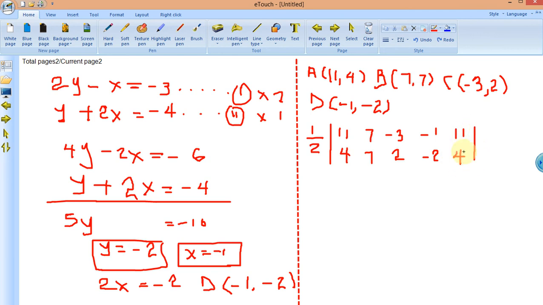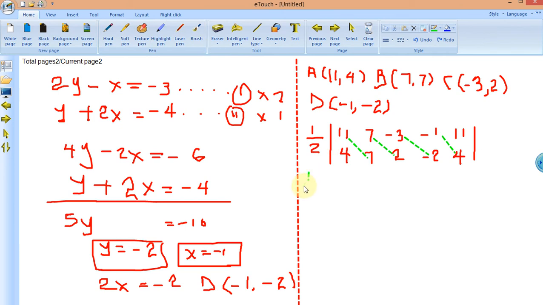So next, this time around I need to change the pen color, so that I can show you what is going on here. I'm now going to cross multiply. So 11 times 7, 7 times 2, -3 times -2, then this times this. So that's the first part. Let me work with the first part before I continue.